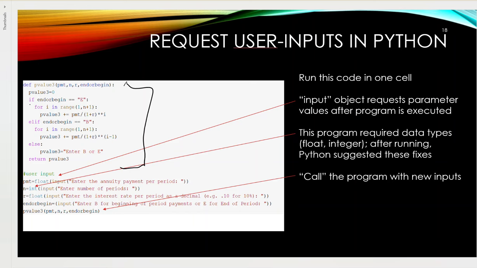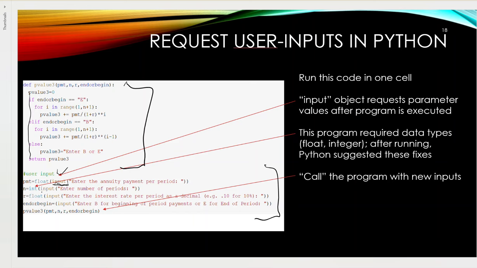Here's that return statement. And then I'm going to add some statements at the end of the program where I get the user input. So instead of just calling the program with the parameters, I'm going to say payment is equal to float. That's just the data type. Input, and then an input command. Input, enter the annuity payment per period.